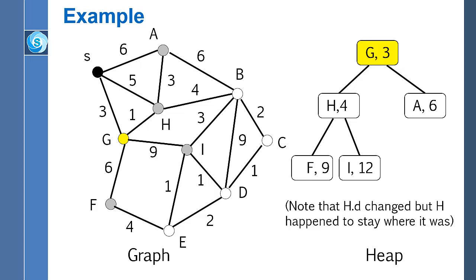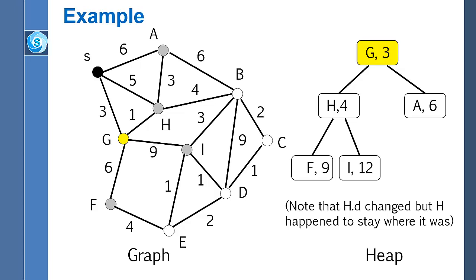9 is now the shortest known distance from S to F. And because we just discovered F, we need to add it to the heap. Okay, so that's easy enough. We see that reflected in the picture. F gets added with a priority number 9 because 9 is equal to F dot little d.